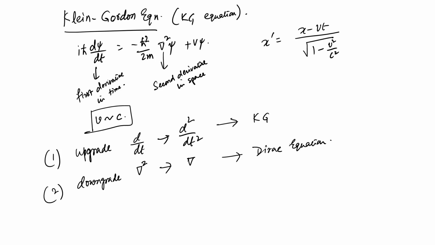Okay. Now, just a priori, this KG equation, or the Klein-Gordon equation, has a difficulty in its interpretation, because it gives a negative probability density for particles. However, if you interpret it properly, then it actually corresponds to a probability charge density, which can be negative because of the charge being negative.